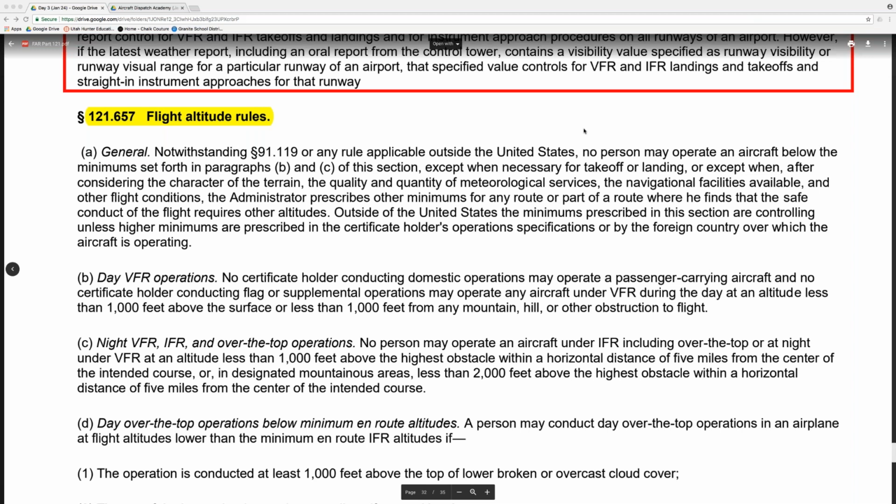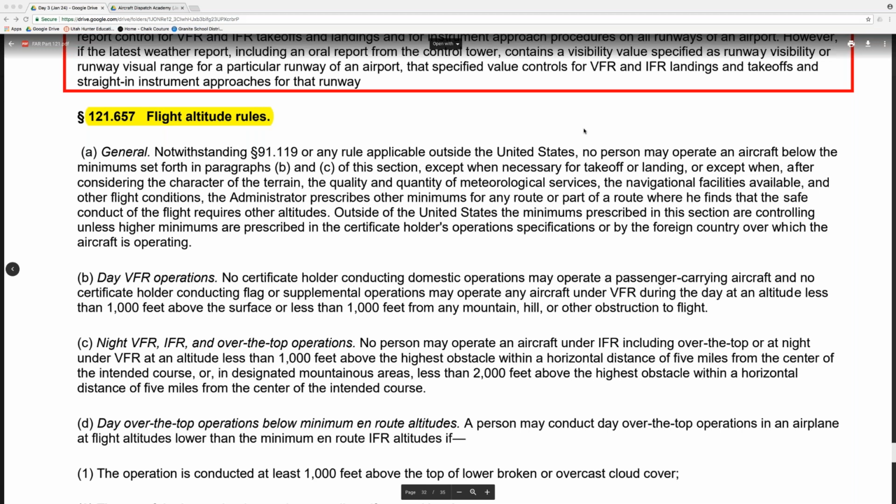The minimums prescribed in this section are controlling unless higher minimums are prescribed in the certificate holder's operation specifications or by the foreign country over which the aircraft is operating.